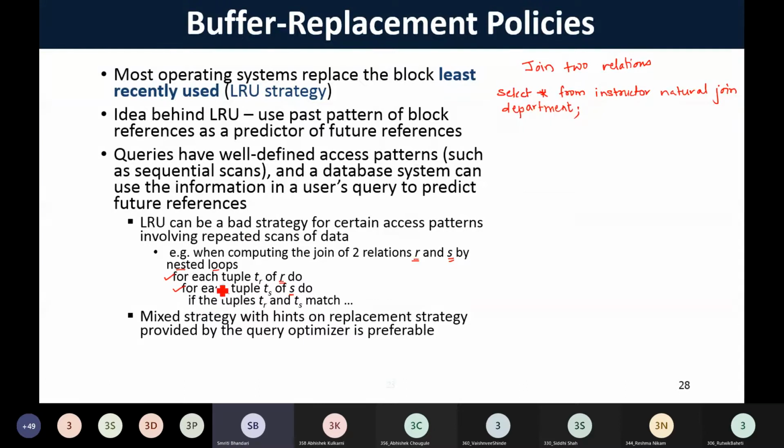Similar to this strategy, we are having two nested for loops. Say for example, we are writing here a for loop: for each tuple I of instructor do. Then we have one more for loop: for each tuple D of department do.